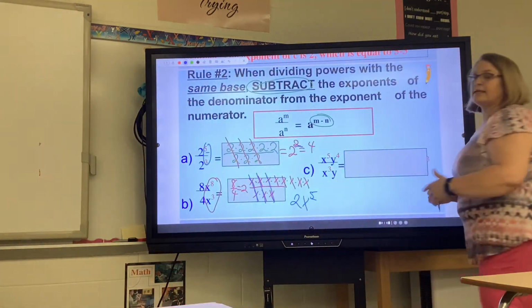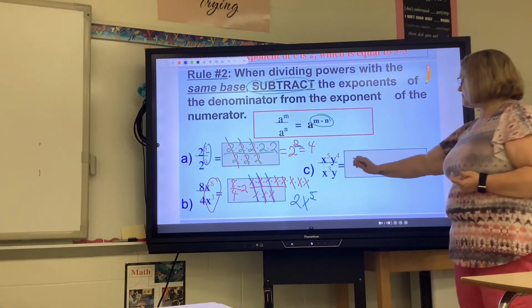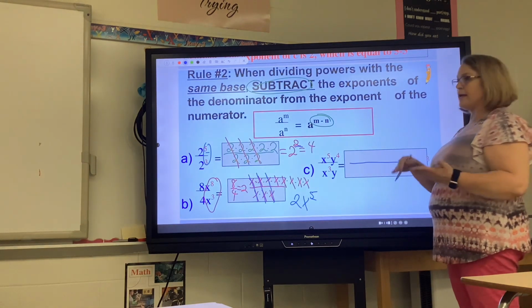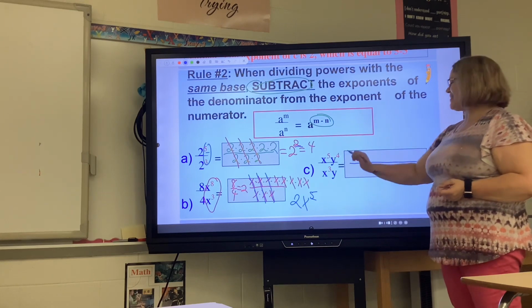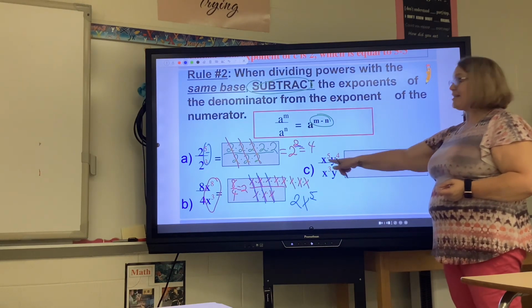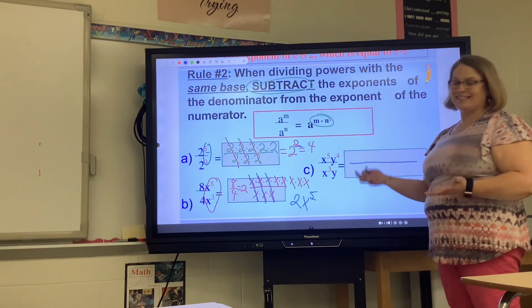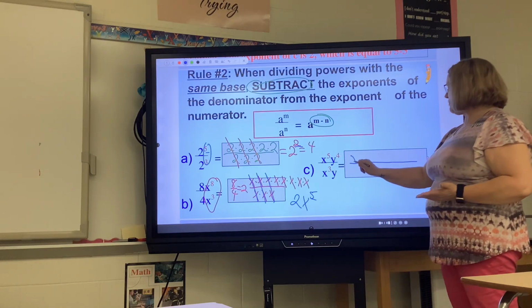So in this one, you see 2 sets of variables. Same thing. Break it down, put it back together. I have x to the 5th power, which we multiply 5 times.